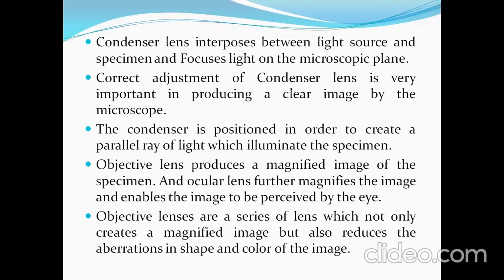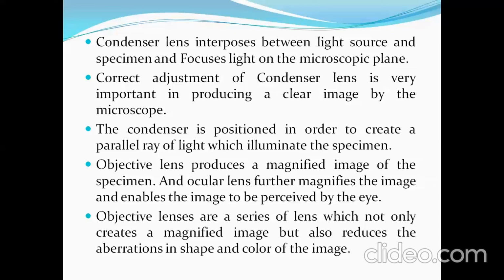And next one, the objective lenses are a series of lenses which not only create a magnified image, but also reduce the aberrations in shape and color of the image. So there may be certain abnormalities in the lens, and it may focus the light in various points, so we can get a blurred image if we are using a low quality lens.